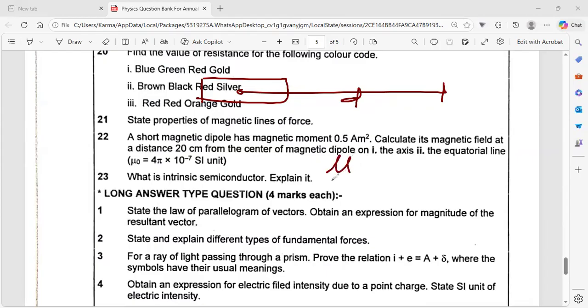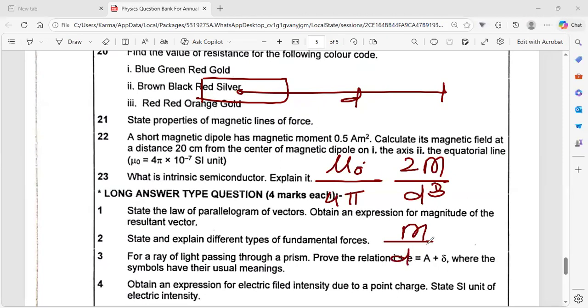So mu 0 upon 4 pi, 2m upon d cube is for the axis, and m upon d cube is for the equator. Mu 0 upon 4 pi.